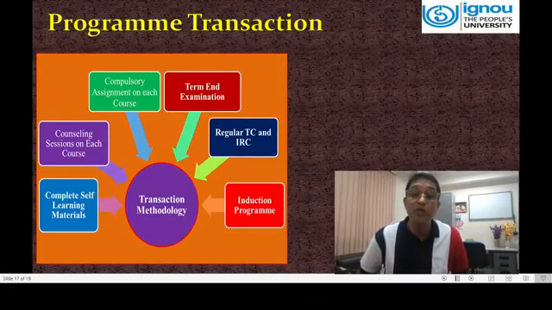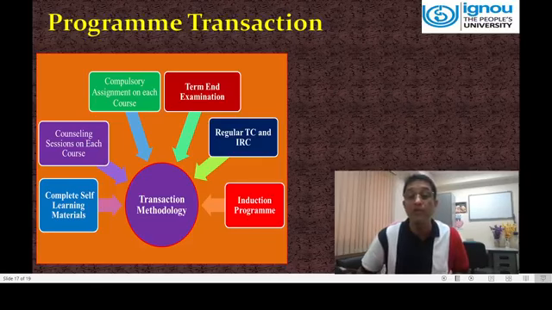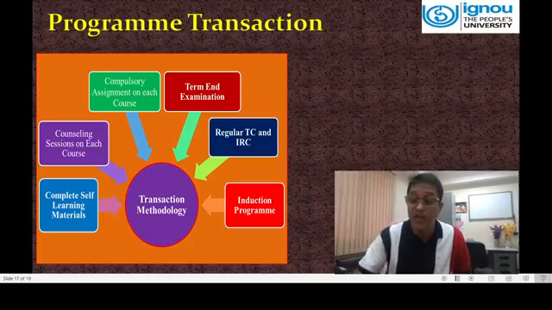Then, so far as evaluation is concerned, 30% weightage is given to assignment and 70% weightage is given to the term-end examination of this program. And regular TC programs we conduct, and an induction program is also conducted by your concerned study center and regional center.